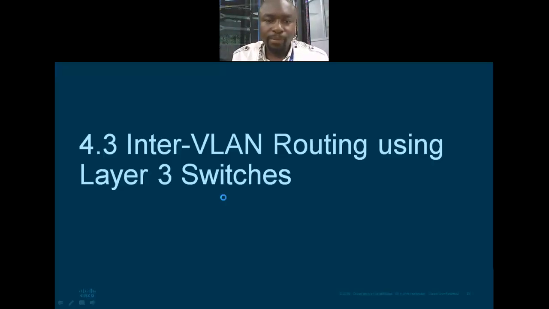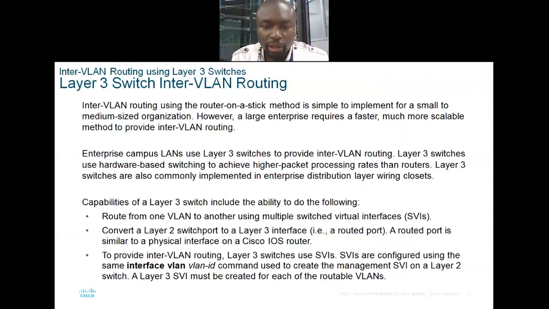Now, inter-VLAN routing using a layer 3 switch. Inter-VLAN routing using the router on a stick method is simple to implement for a small to medium-sized organization. However, a large enterprise requires a faster, much more scalable method.